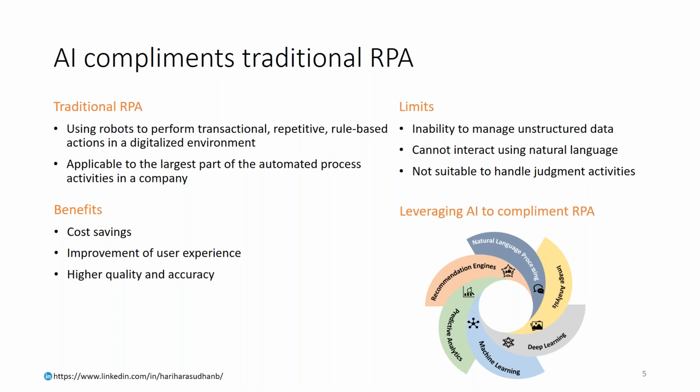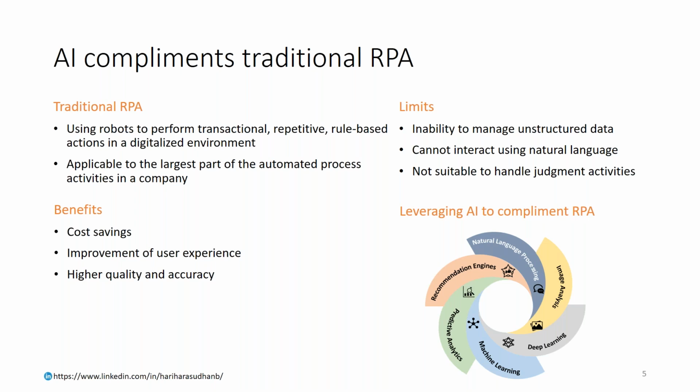That is, we replace manual efforts with robots, and it is applicable to the largest part of automated process activities. Most companies will definitely have some room for basic rule-based automations. But that's not what we are looking at here. We are looking at cognitive automation.